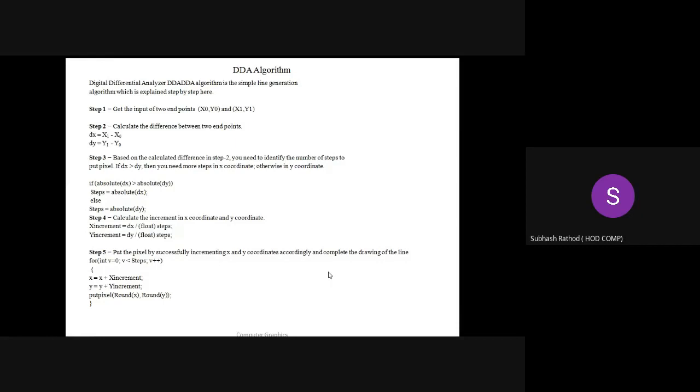Once you apply it, you will get the pixel values. Then take the x coordinate and y coordinate as a graph, put the pixels on this graph and join each pixel. At the end, you will get the complete line on the graph.